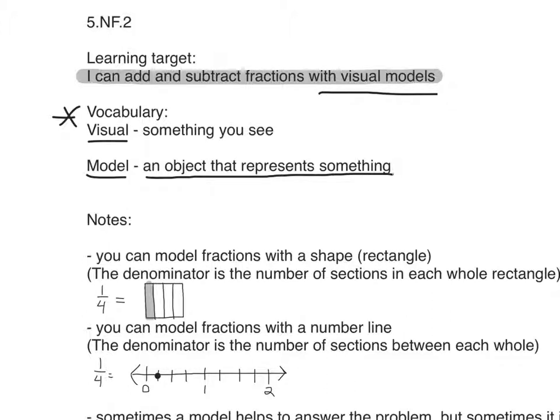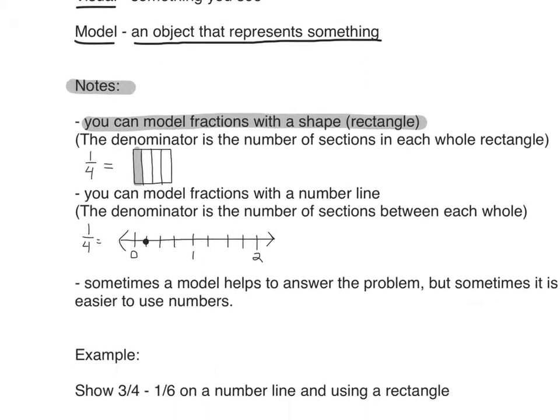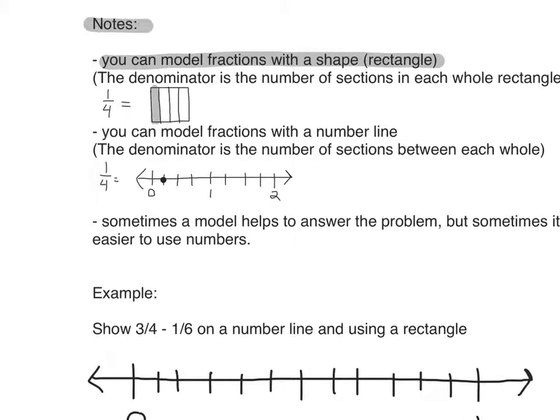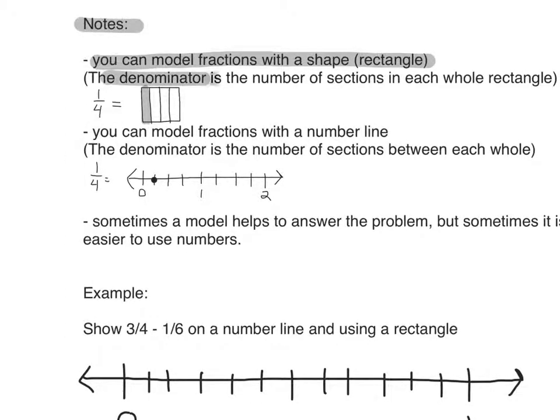Notes. You can model fractions with a shape. That's a good way to model fractions, like a rectangle. A rectangle is probably the most popular shape. When you model fractions with a shape, the denominator is the number of sections in each whole rectangle. So if you look at the example here, that's an example of 1/4.